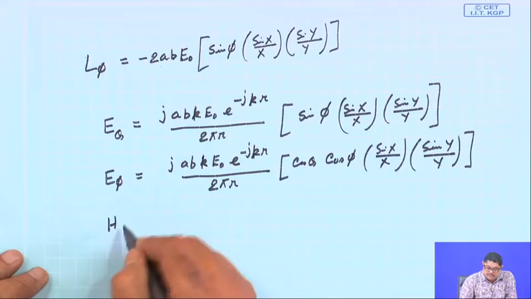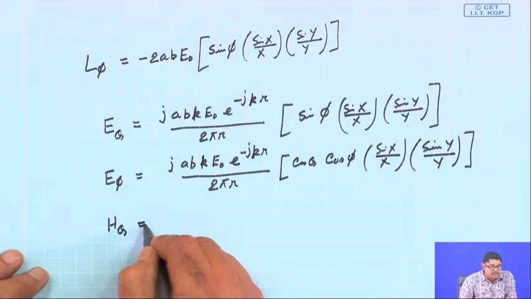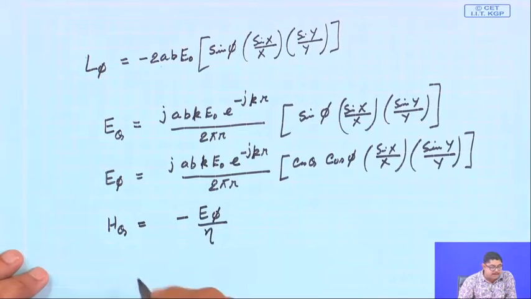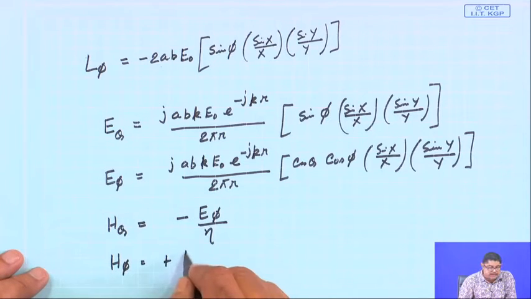These are the far fields. Also, H theta will be minus E phi by eta, and H phi will be plus E theta by eta.